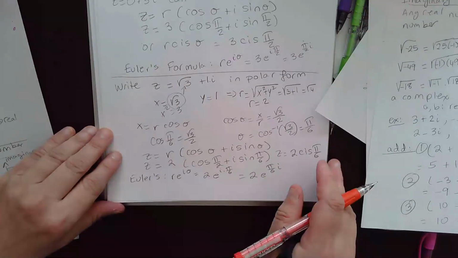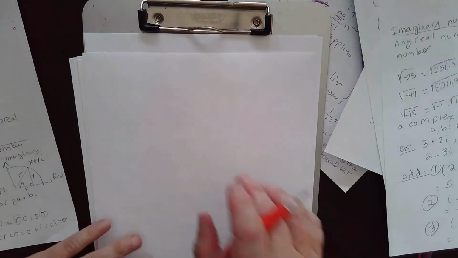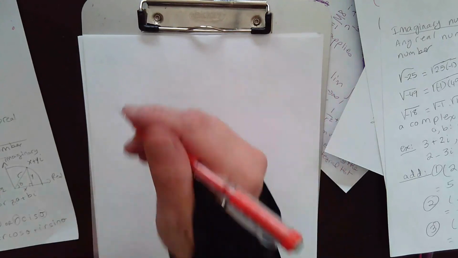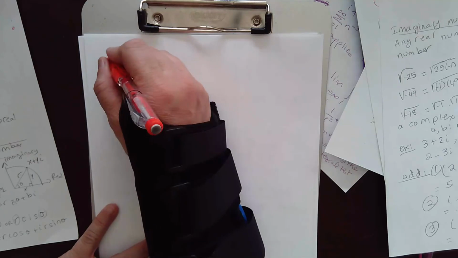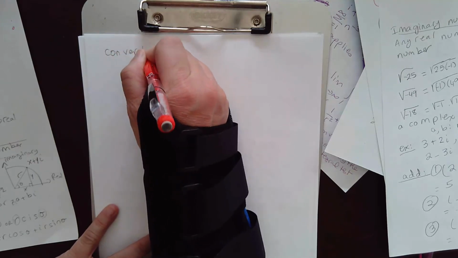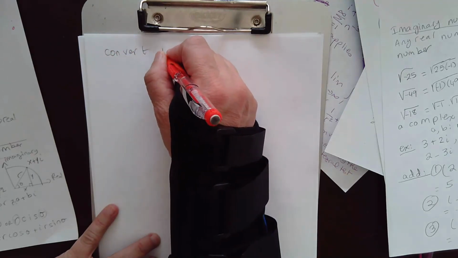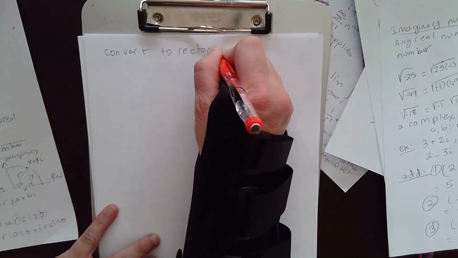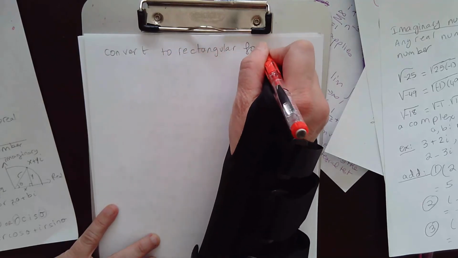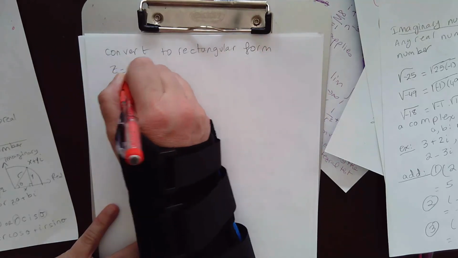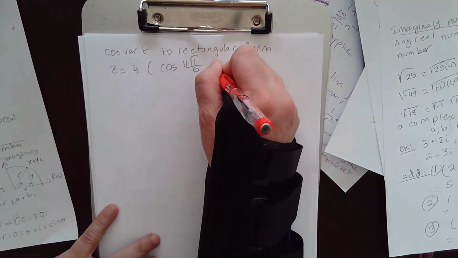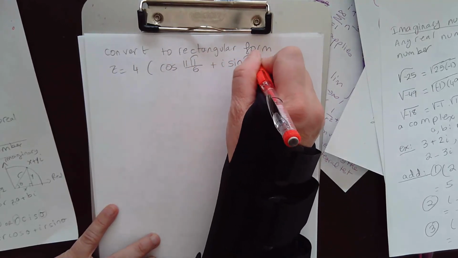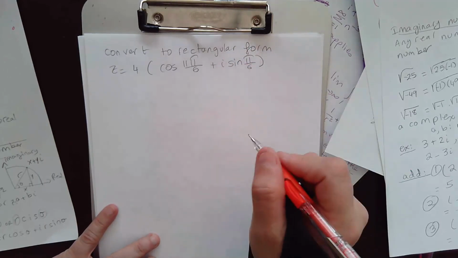Okay? Now I want you to go ahead and convert to rectangular form. So I'll give you one that has polar form, and I want you to convert it to rectangular form. So z equals 4 cosine 11 pi over 6 plus i sine 11 pi over 6.